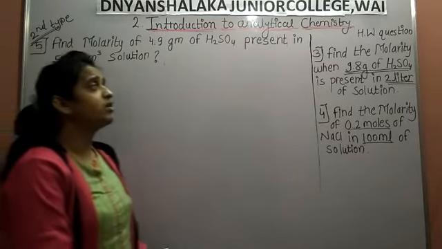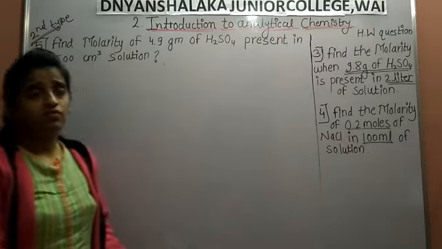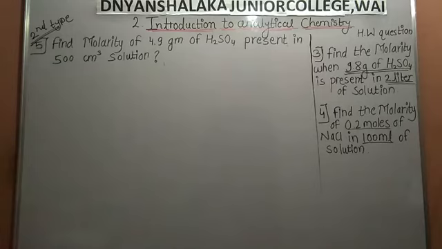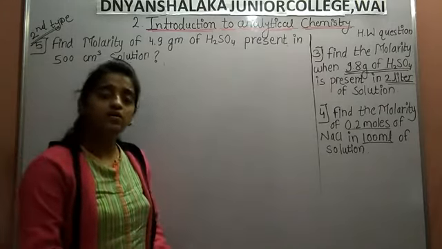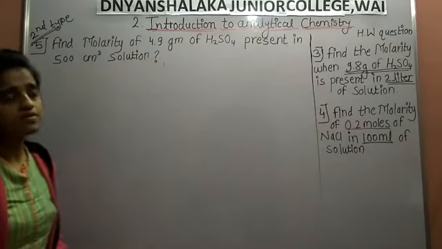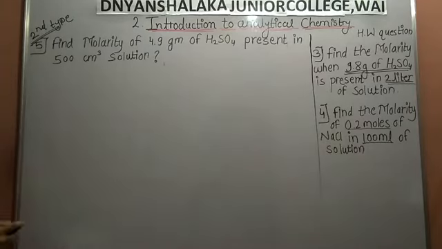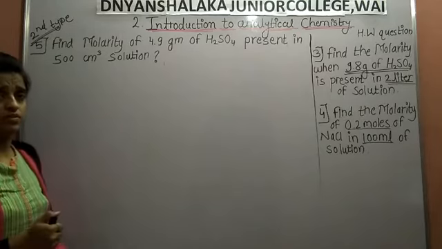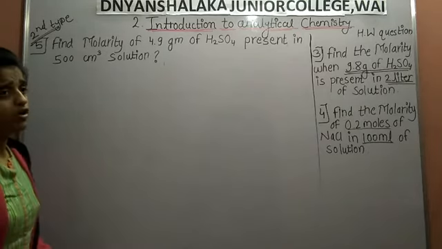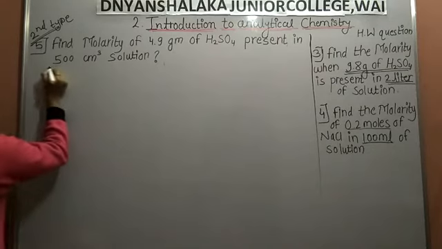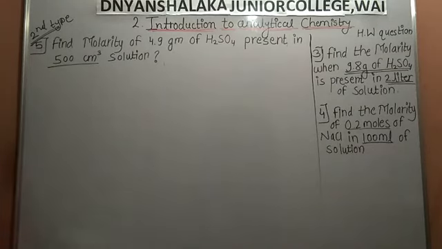In the earlier questions, the volume of solution was given in liters or milliliters, so using the first and second formulas we found the molarity. But question number 5 is the second type, where the volume of solution is given in 500 cm³. So carefully solve this question using the conversion of units.